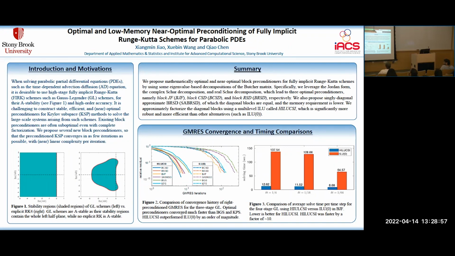We can do Schur decomposition for the Butcher array, and do our multi-level factorization for the blocks on the diagonals. With our handling of the Kronecker product structure, the system can be solved in a mathematically optimal way, and from the results, it outperformed the state-of-the-art preconditioning methods.